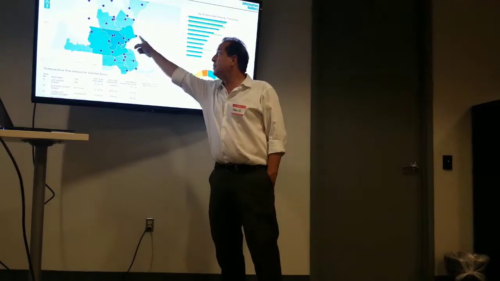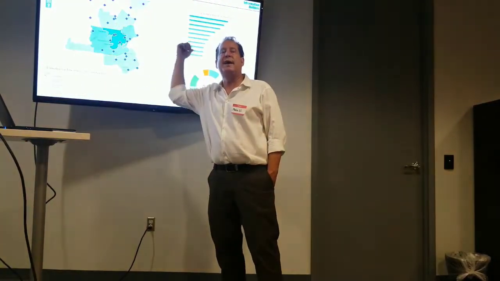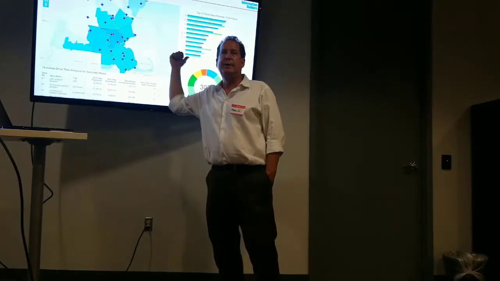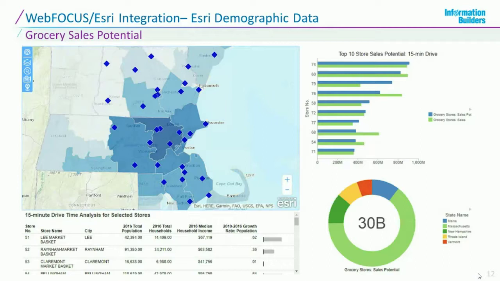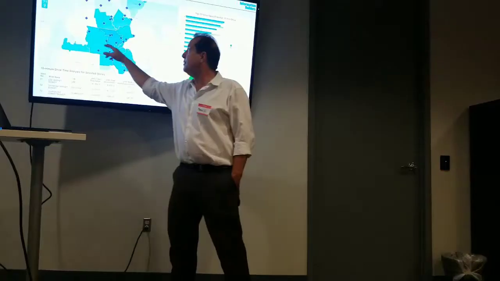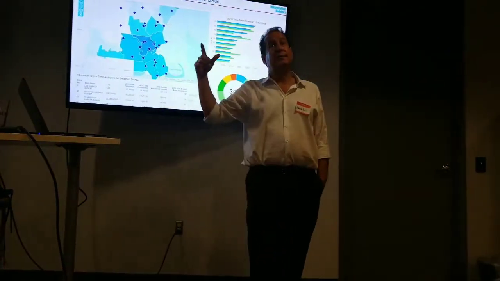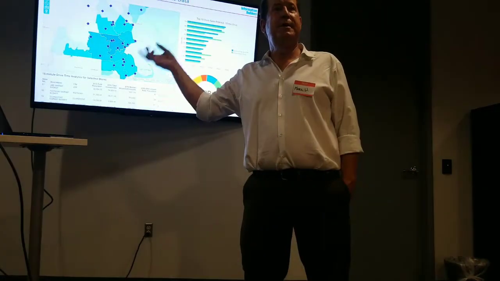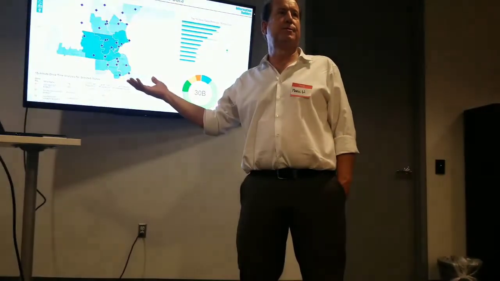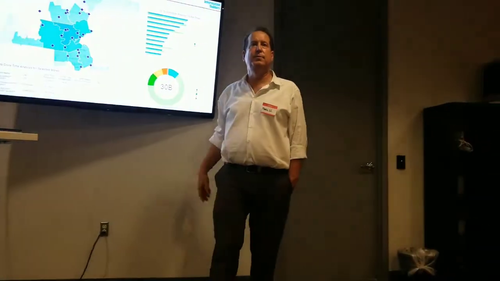But this map is an HTML5 panel that fits into this page that uses the ESRI WebFOCUS integration. The data is painted live, so if the data changes, if we delete a store, the dot goes away. If for some reason these counties were shaded by sales instead of population or retail, whatever it is, as the data changes, the visualizations will change, just as they would in the report and the two charts.